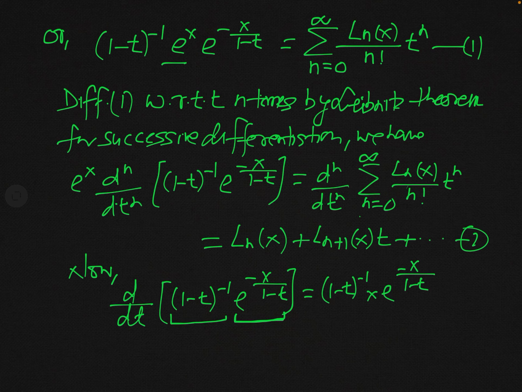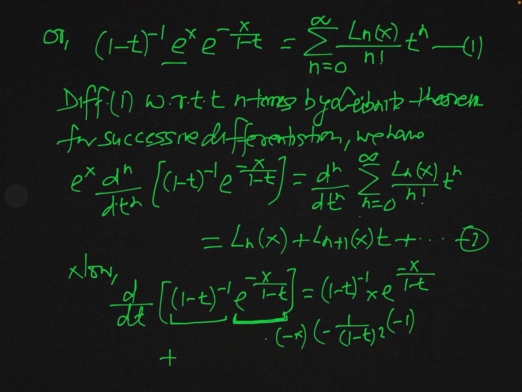This is just a function of a function, and then this will be into minus x times minus 1 over (1 minus t) whole square times minus 1. This is the term when we take (1 minus t) raised to the power minus 1 as it is and differentiate e raised to the power minus x by 1 minus t.